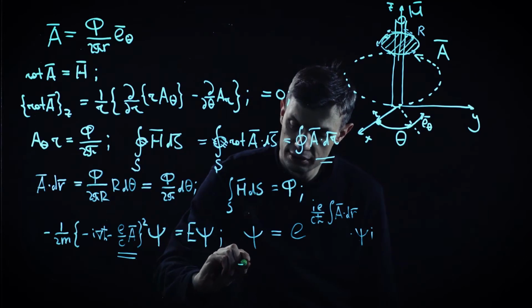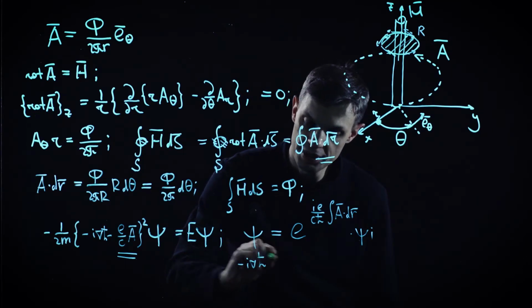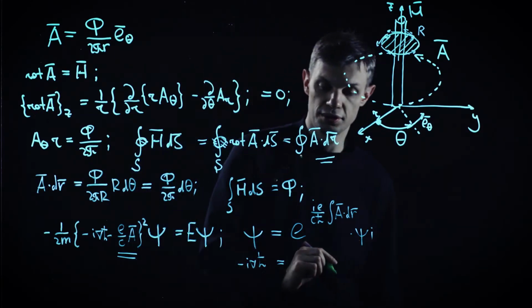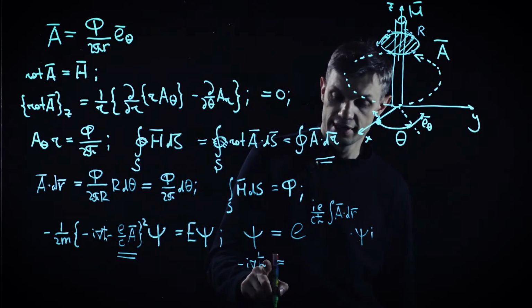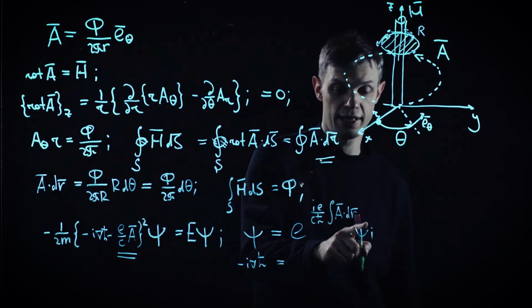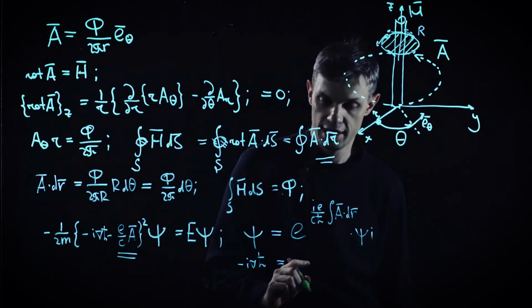So if you now compute the value of the gradient, then what you'll get is as follows. You differentiate the whole thing as a product of this exponential and this small psi function.